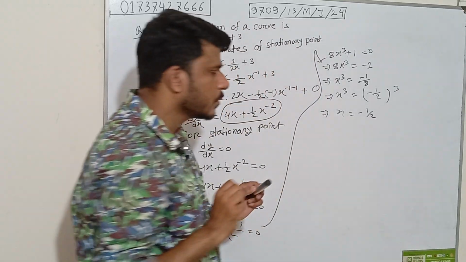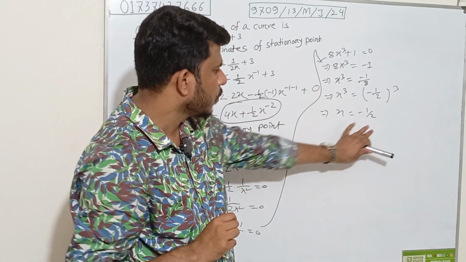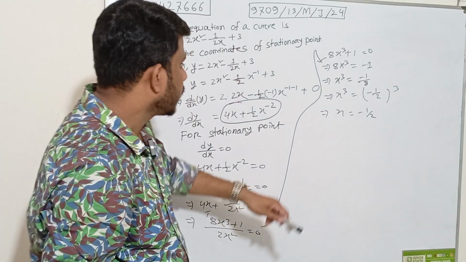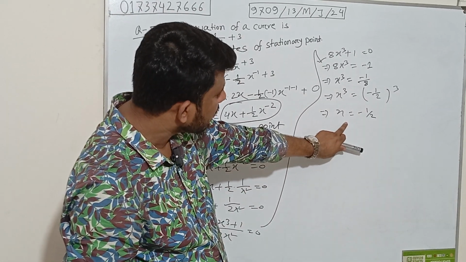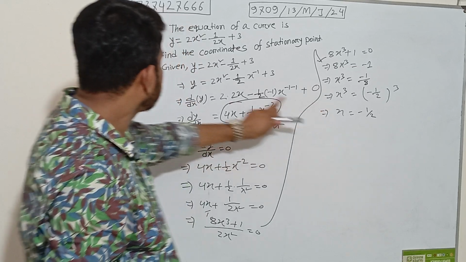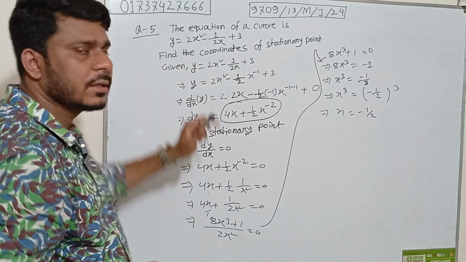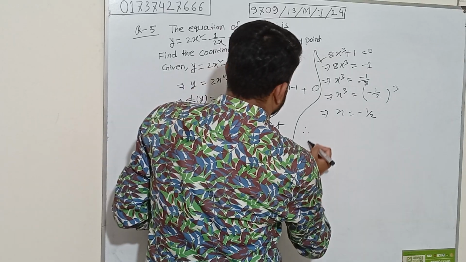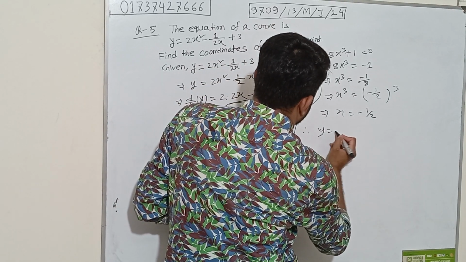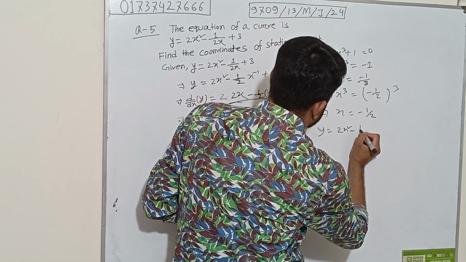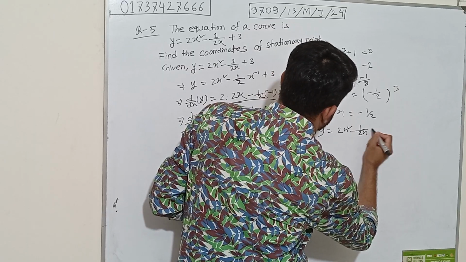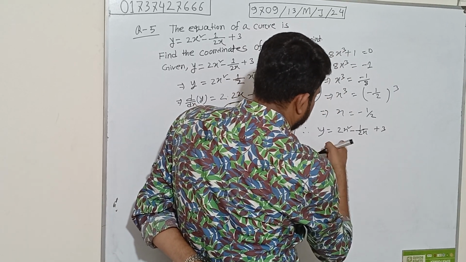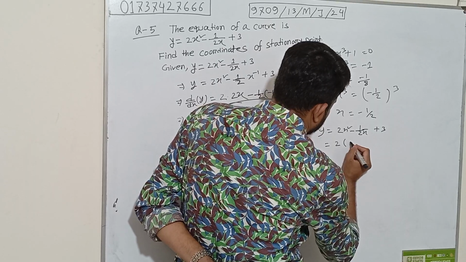So we got x, and we need the value of y. If I input x = -1/2 into the original equation, then we will get the value of y. So y = 2x² - 1/2 · 1/x + 3. Substituting x, this is 2 times (-1/2)² plus 1 plus 3.